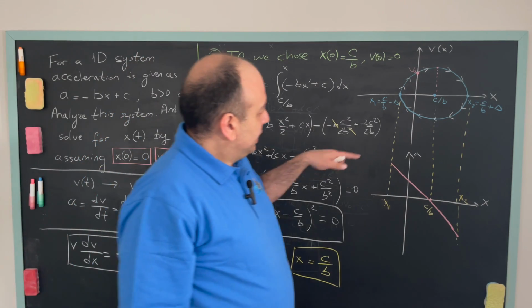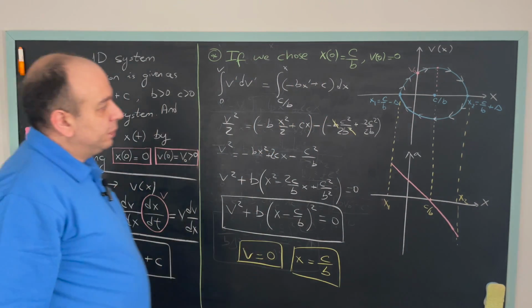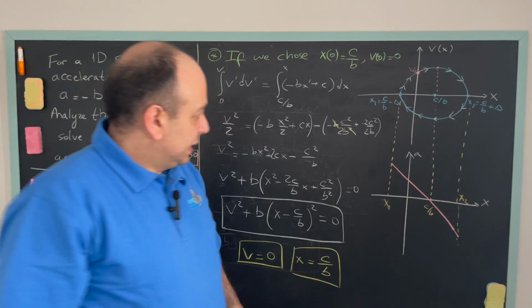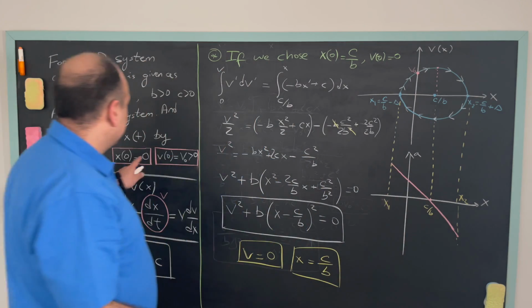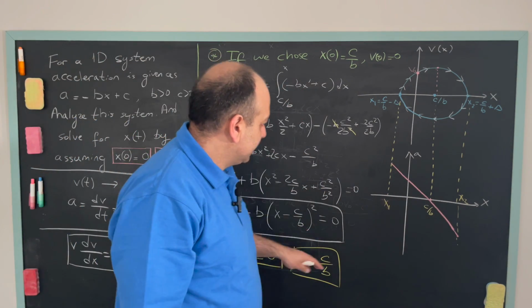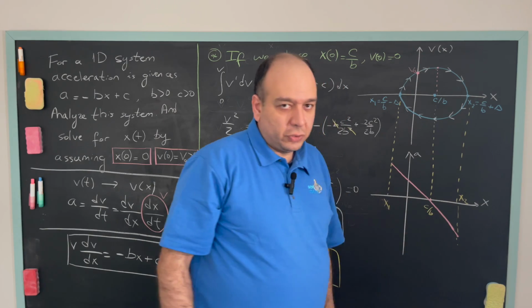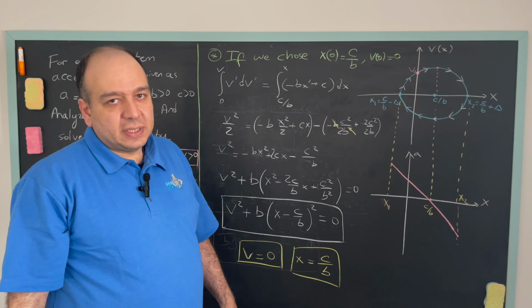And we also saw that if I change the initial conditions slightly, the motion is bounded. The system moves between x2 and x1, right? And I also showed that if I place the system at x is equal to c over b with 0 initial speed, the system always stays there.